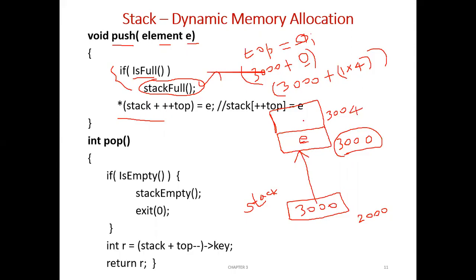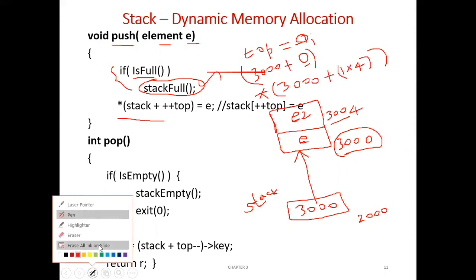Maybe we can call it E2 or whatever it may be. So like this the function works. That is store, not just the value at that location. 3000 plus 4 gives this location, and in that location this value should come. Fine. So that is about the push function.